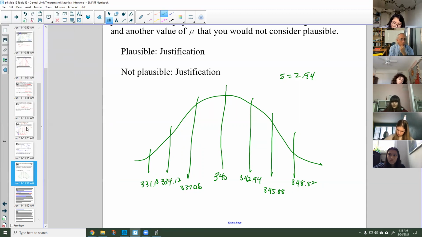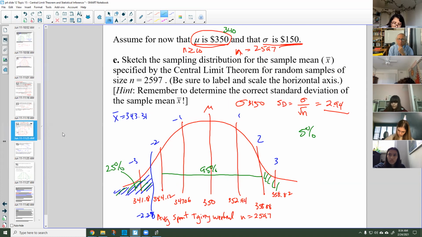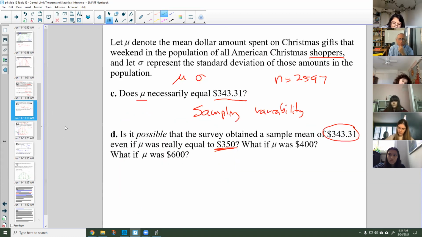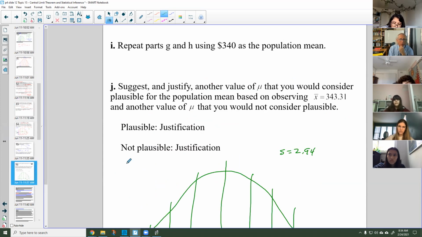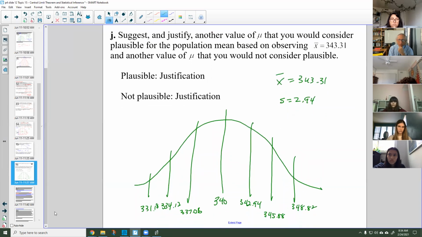All right. Now, what was our value that we're looking for here? 343.31. So my X bar is 343.31. Well, now it looks like it's going to be over here. Let's make that a different color. So let's calculate the z-score.